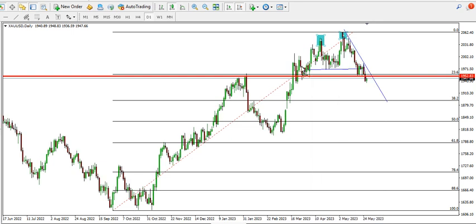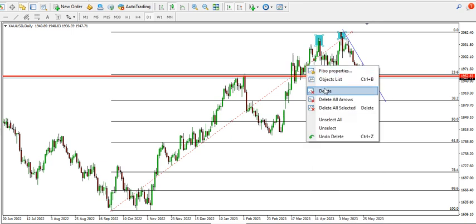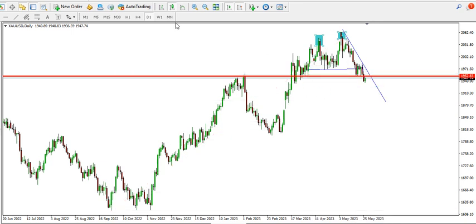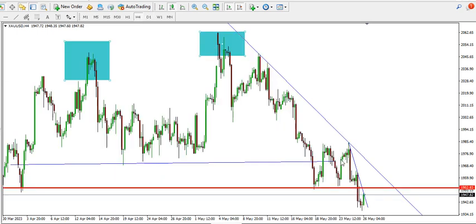Let's take a look at what we have on the 4-hour time frame. On the 4-hour time frame, we can see that the price of gold broke this low, this area, and then we have the high point here, we have a low point, lower high, now we have a lower low, there's a lower high, and now we have a lower low.